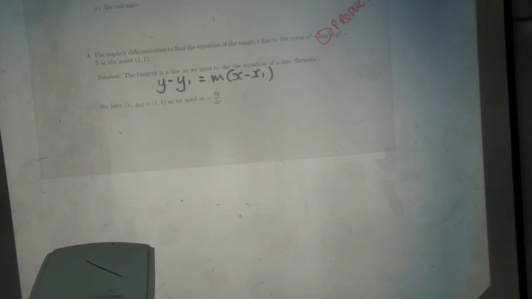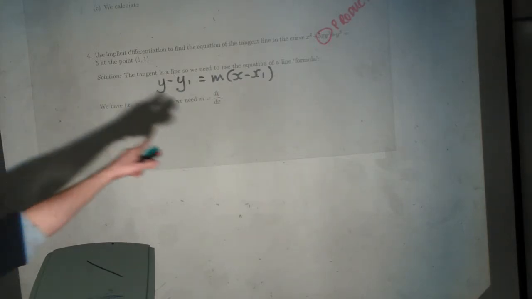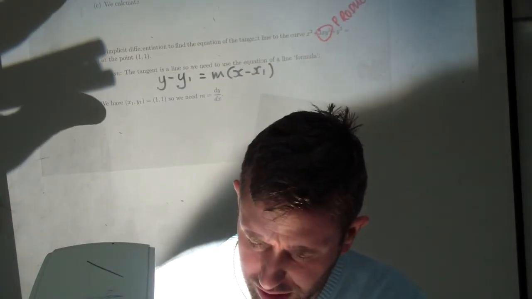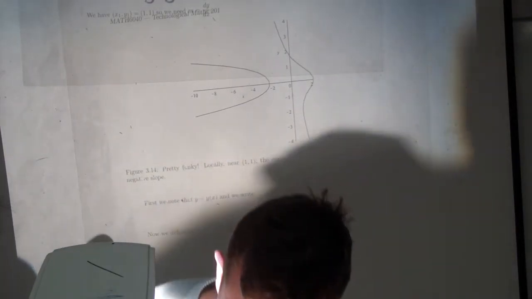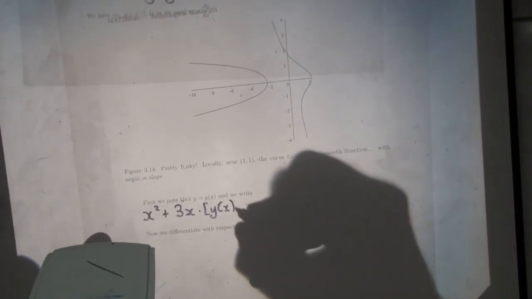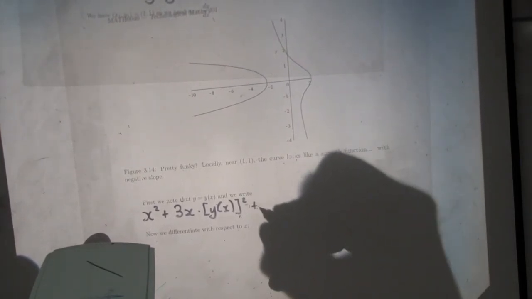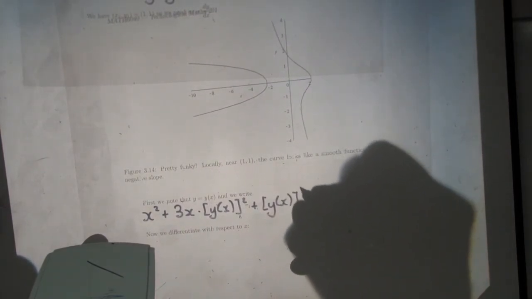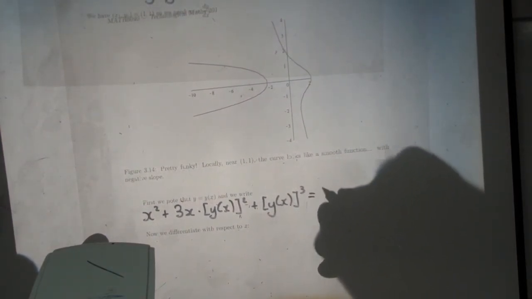I'm recommending that you rewrite the equation of the curve with y of x instead of y. So we're talking x squared plus 3x times y of x squared plus y of x cubed equal to 5.